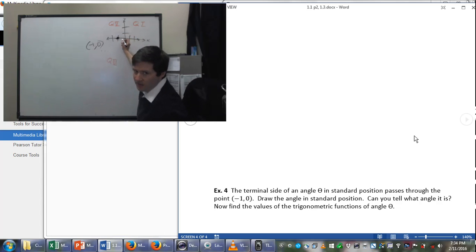Well, we could have done that one from the beginning. -4 over -3. And that's a positive 4/3. We do have to simplify that. A negative divided by a negative, just like a negative times a negative, is a positive. So there we go.